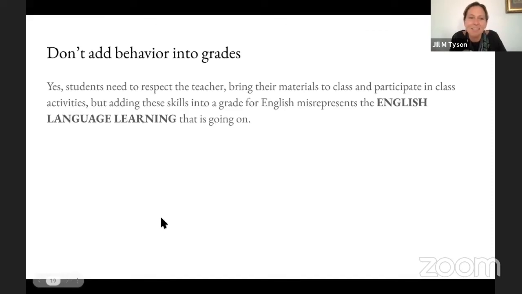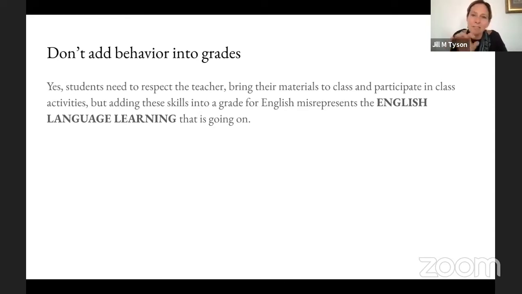Yeah. Also, students do need to really respect you as teachers. Nobody likes to be in a class of naughty children or children who are misbehaving. But let's be careful again about what we're assessing in our classroom. Our students need to bring the materials to class. They need to participate. But when we add these skills into our grades, sometimes it's misrepresented how they're doing in their English language learning.